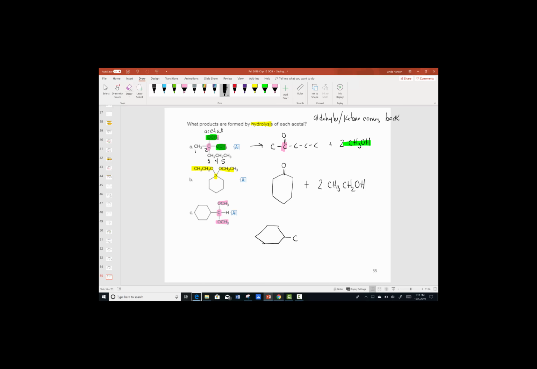Here's the carbon that was originally part of the acetal group, and it simply returns itself to the carbonyl function, creating the aldehyde. And the alcohol that would come out would be 2 equivalents of CH3OH. Here we created an aldehyde. And here, since they were deeper in the chain, these were both ketones.